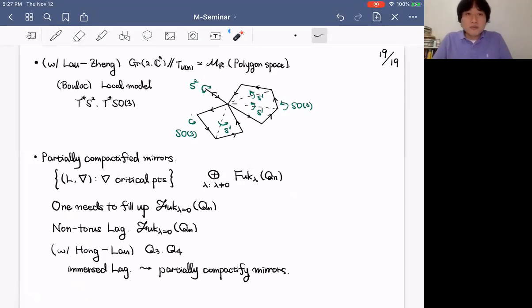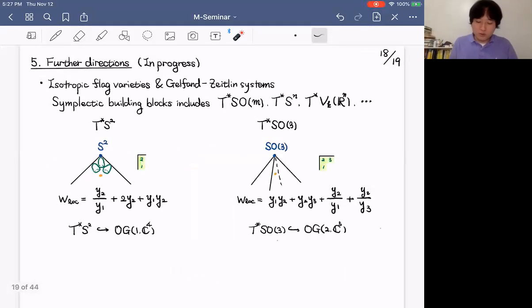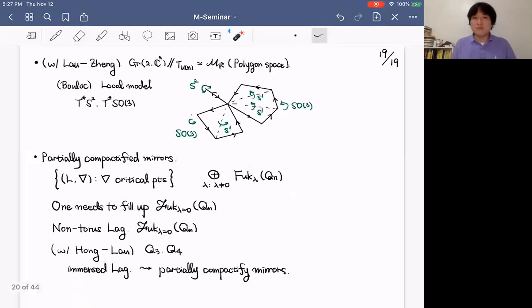And also with Siu-Cheong Lau and Xiao Zheng, we are also working on polygon spaces. That's the more immediate one, because by the work of Bolo, the local model of the polygon space is given by T-star S2 and T-star S3 and their products. So those two kinds of blocks are already enough to understand the polygon space.